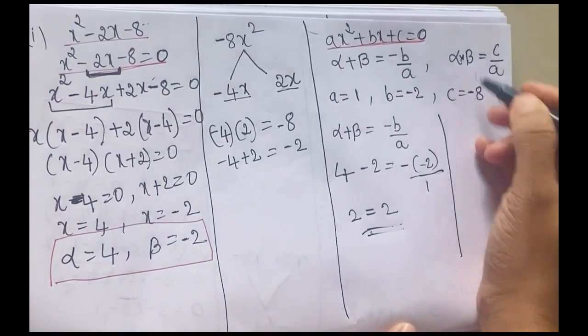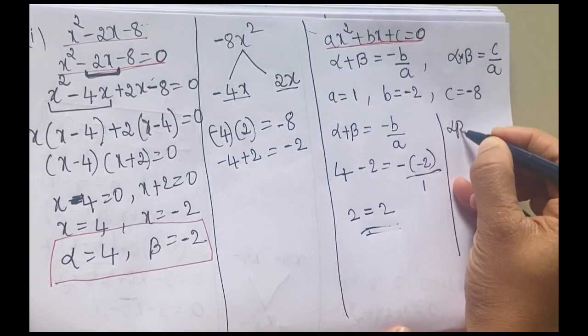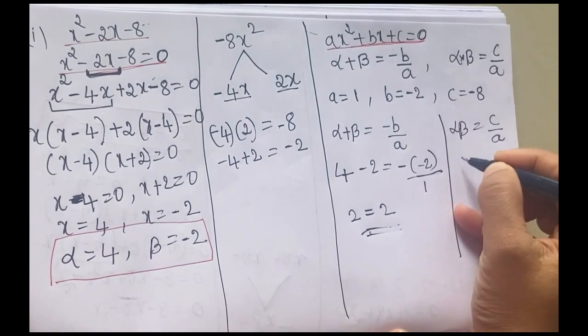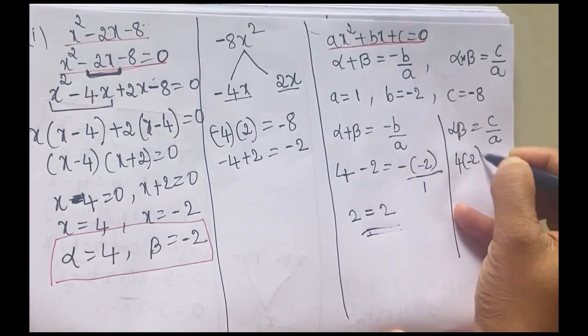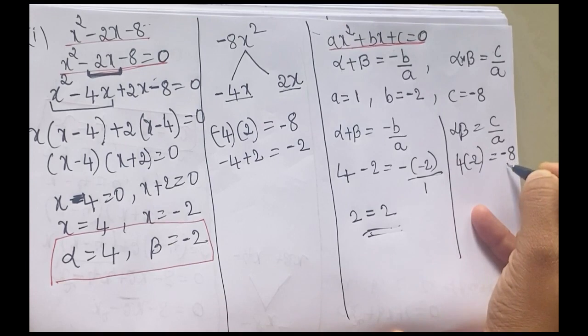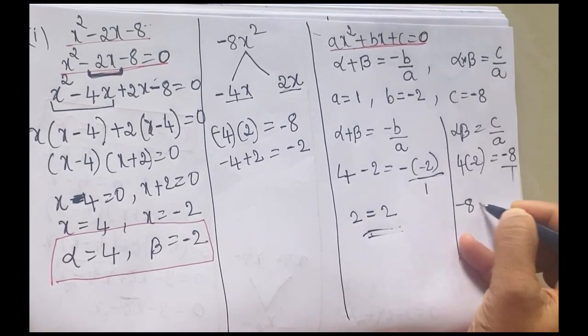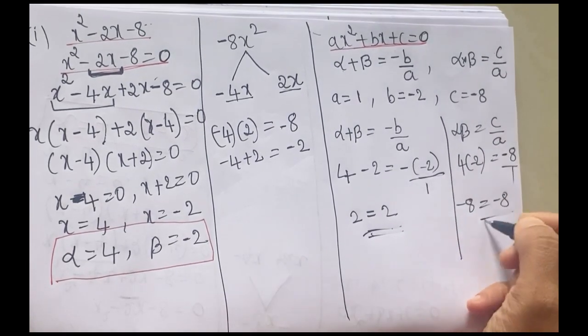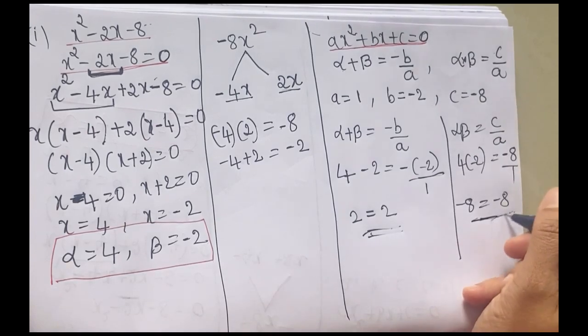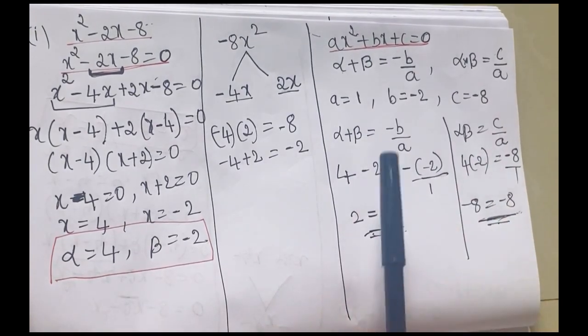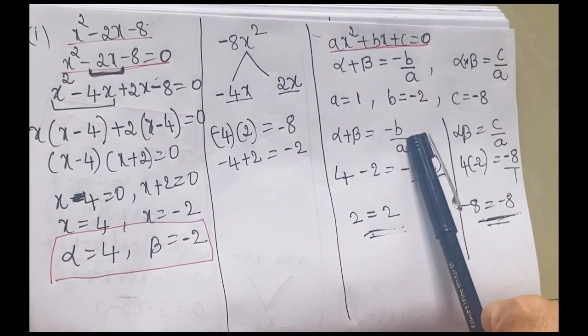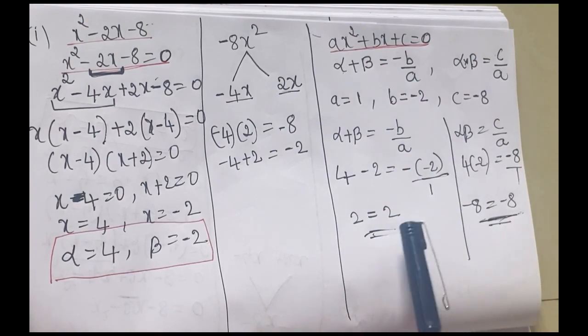Then alpha into beta is c by a. Alpha is 4, beta is minus 2, c is minus 8, a is 1. Minus 8 is equal to minus 8. That's why the relationship between zeros and coefficients is verified.